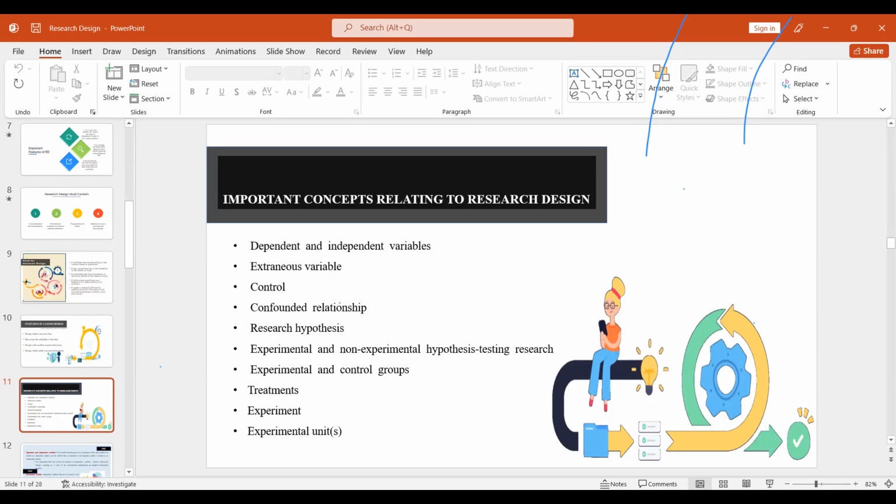Of course, if you want to determine the comparative effect of, say, three varieties of fertilizers on the yield of wheat, in that case, three varieties of fertilizers will be treated as three treatment groups.